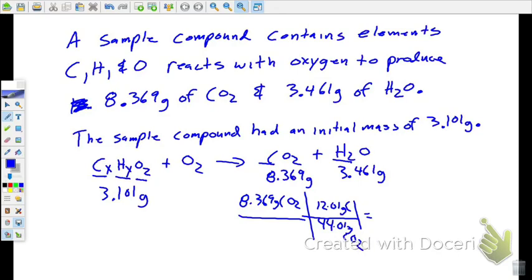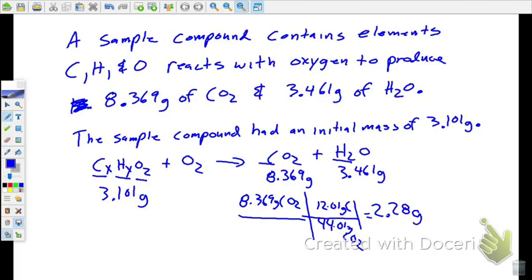So all this is doing is multiplying it by the percentage. If you take 12 divided by 44, you're going to get 0.273. And then if you take that times 8.369, that gives you the amount of carbon. So it's 2.28 grams. Eric, did you do something similar to that? Yeah. I just left out the 0.3 on the percentage.